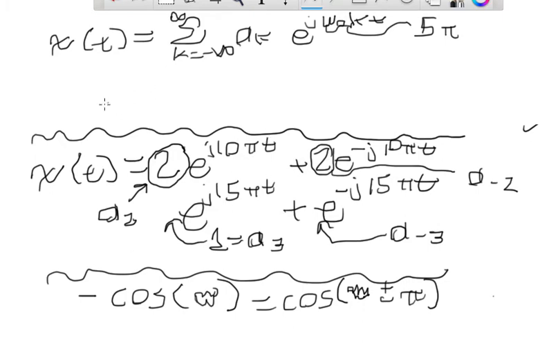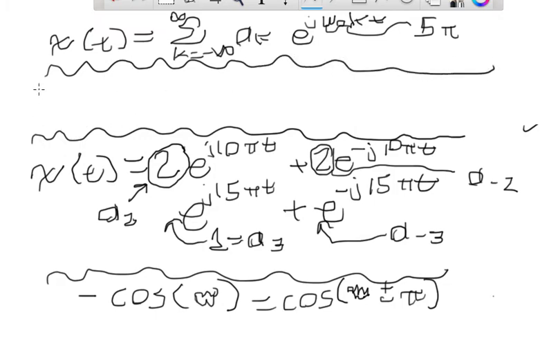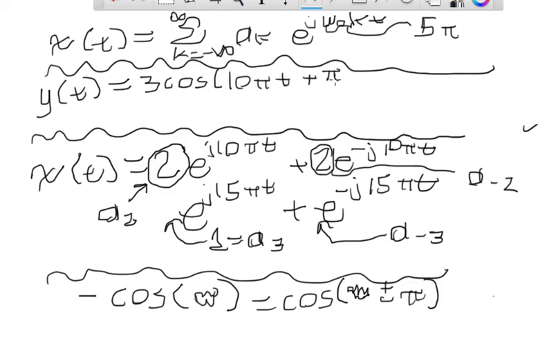So if you have terms in your expression, let me do a different one. Let's call it y(t), just to have something else. If it's something like 3 cosine 10 pi t plus pi over 3, with some practice, you can start skipping this step. So here, there's only one cosine, so this very trivially has an omega naught of 10 pi, just a single cosine.